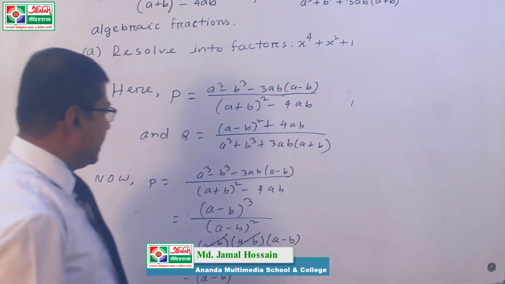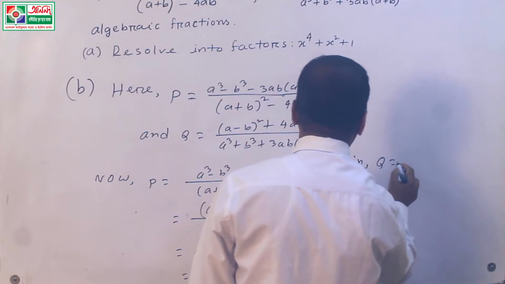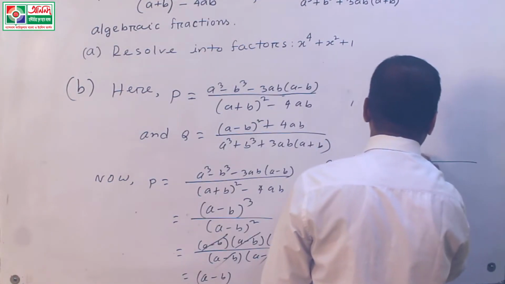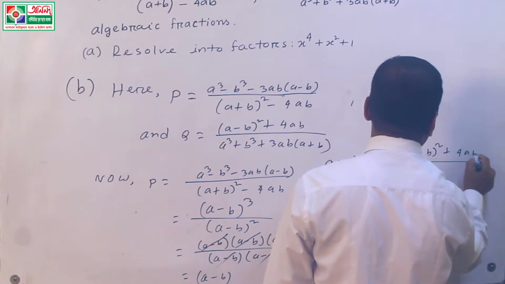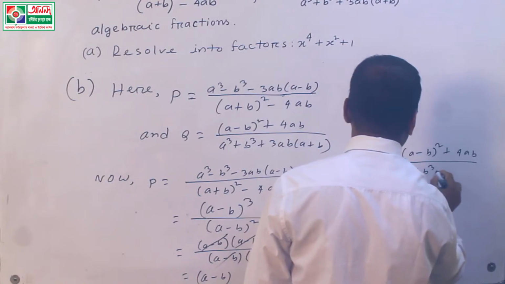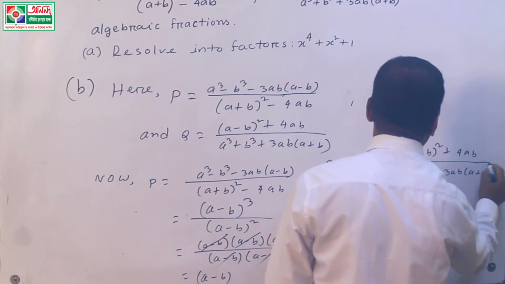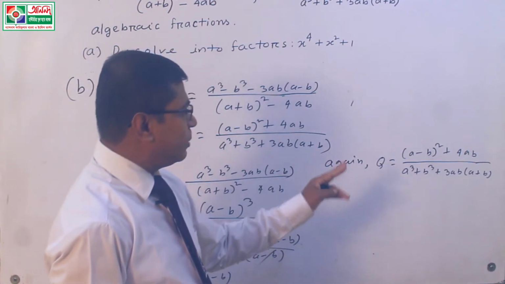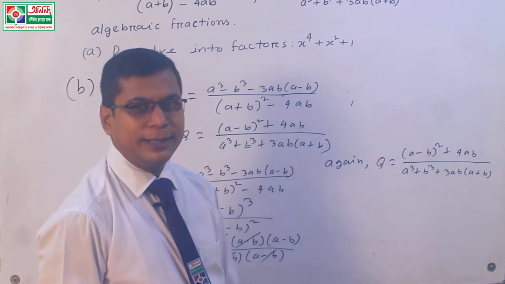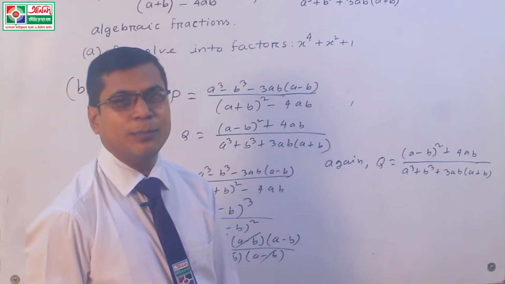Same way we can simplify Q. Again Q equals ((a minus b) whole square plus 4ab) divided by (a cube plus b cube plus 3ab into (a plus b)). Dear students, look at, in the numerator we can apply the corollary (a plus b) whole square, and in the denominator we can apply the corollary (a plus b) whole cube.